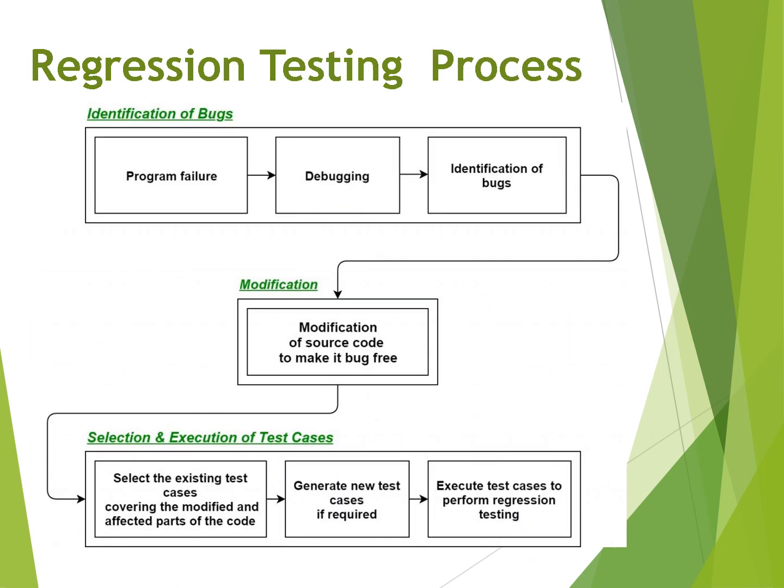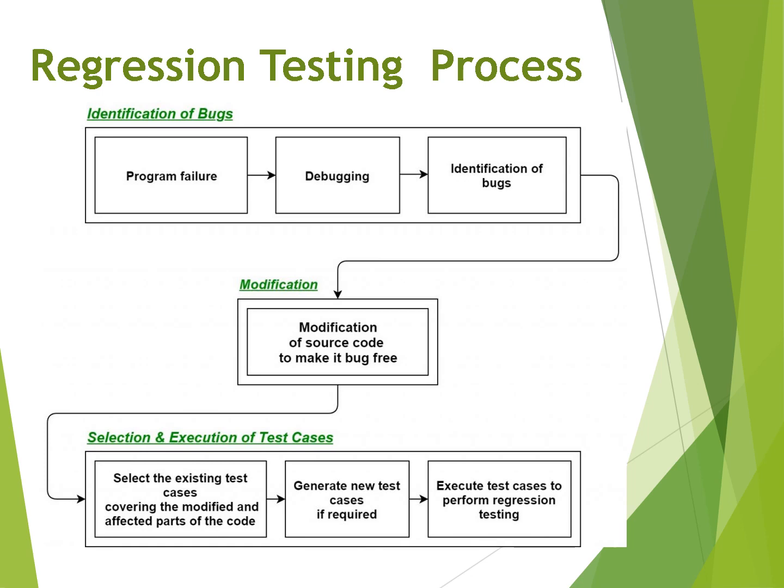Friends, what is the regression testing process? When testing finds issues in the application, the development team has to debug the respective piece of code and identify the bugs, and they have to modify the source code to fix the bugs.